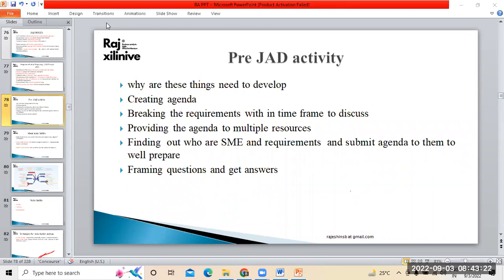or you may have a doubt or a clarity which is required on the previous application or previous designs of the project. So there is some breaking of requirements which we have to focus more on. What requirements do we have, and how to break the requirements, all that stuff. How you are dividing the requirements is also important, because being a business analyst turned JAD facilitator, you need to follow a discipline.